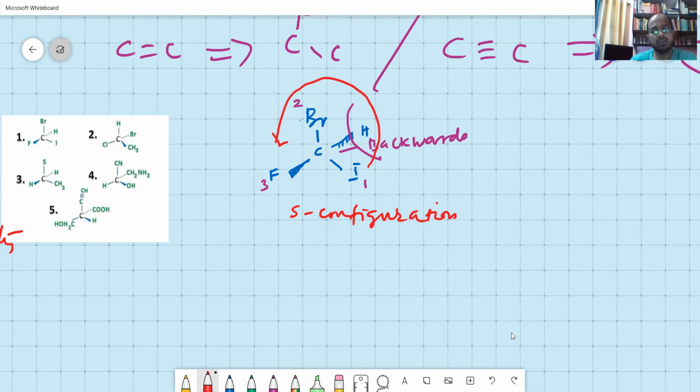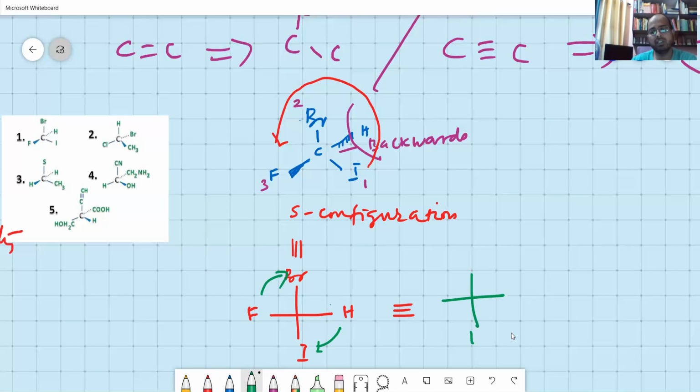In some cases, you can write a simple structure like this, in which you put Br here, H here, I here, and F here. In this structure, you try to exchange two places. One exchange is not allowed because you have to do two exchanges. So when you do two exchanges, you get H here and I here, and then Br here and F here.